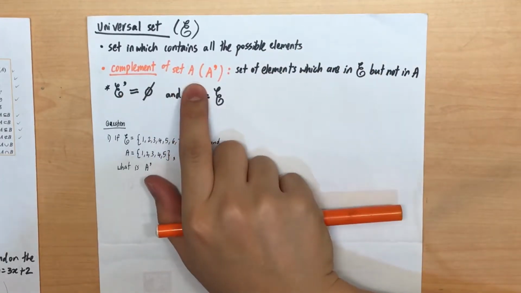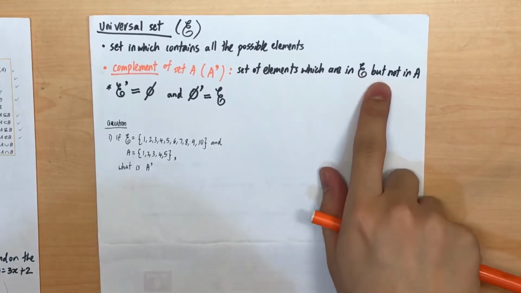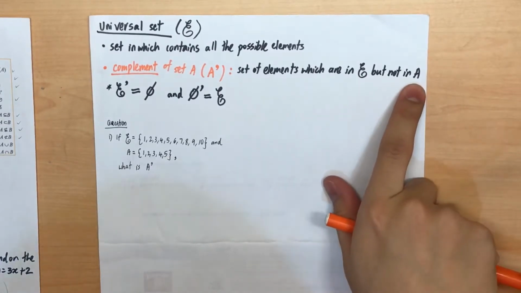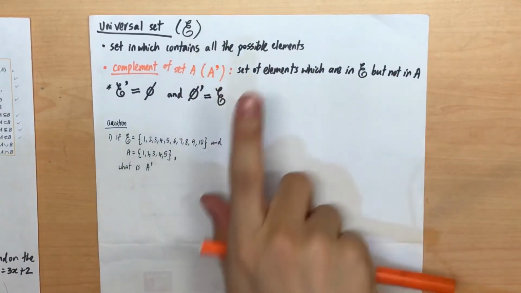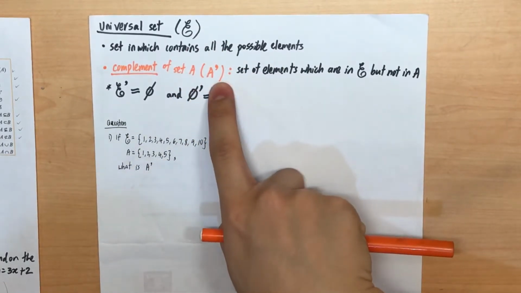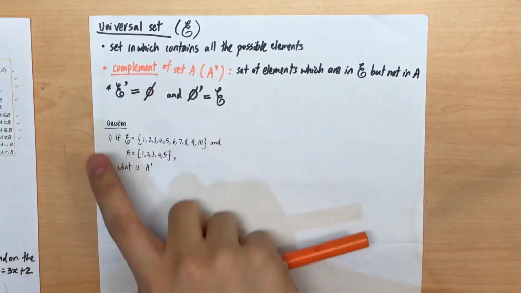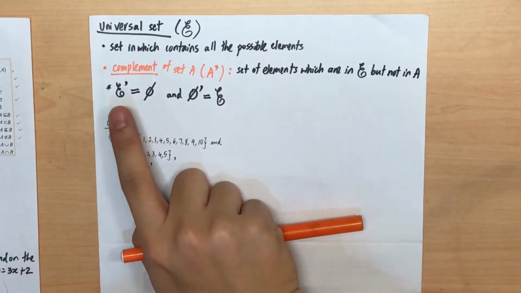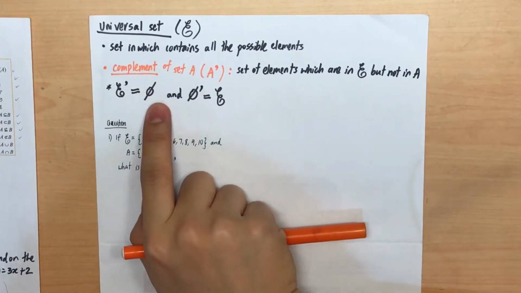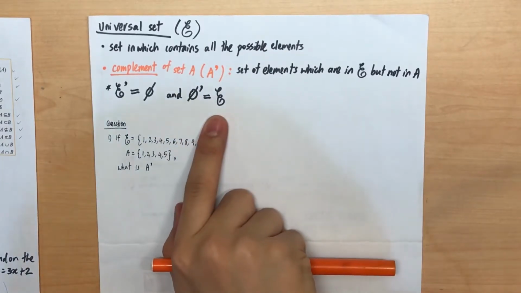So the complement of set A means the set of elements which are in the universal set but not in A. That means the elements that are not in A form the complement of A, but the elements must be in the universal set. So take note of this. The complement of the universal set is the empty set, and the complement of the empty set is the universal set.